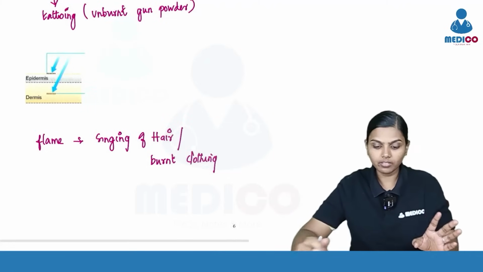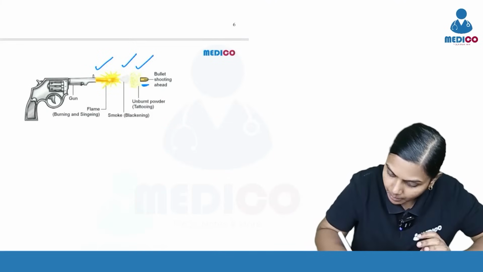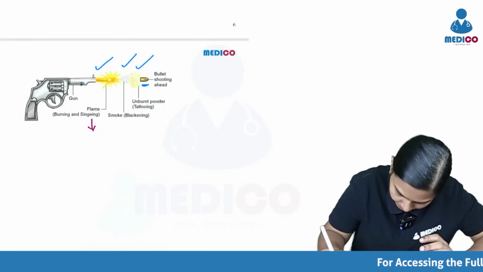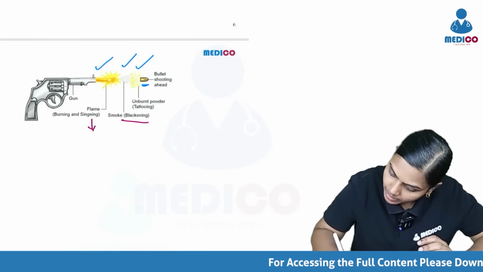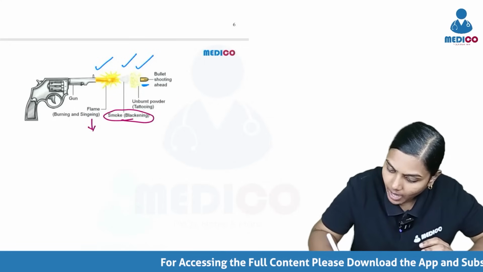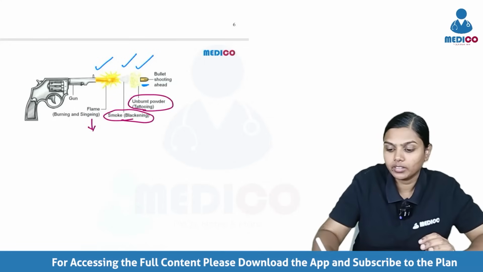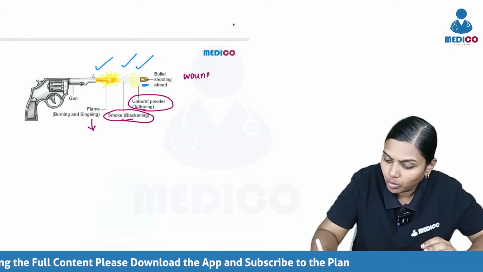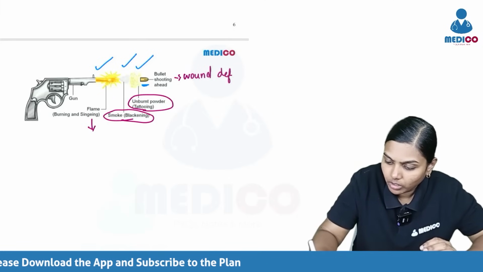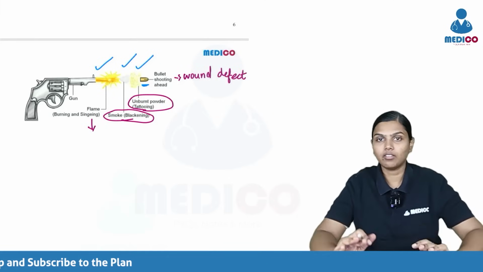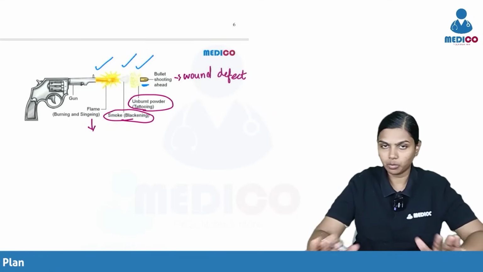So flame: burning and singeing, right? Then smoke is blackening, unburnt powder is tattooing, then the bullet is your wound defect. So these are the things we have to know in case of a bullet wound.